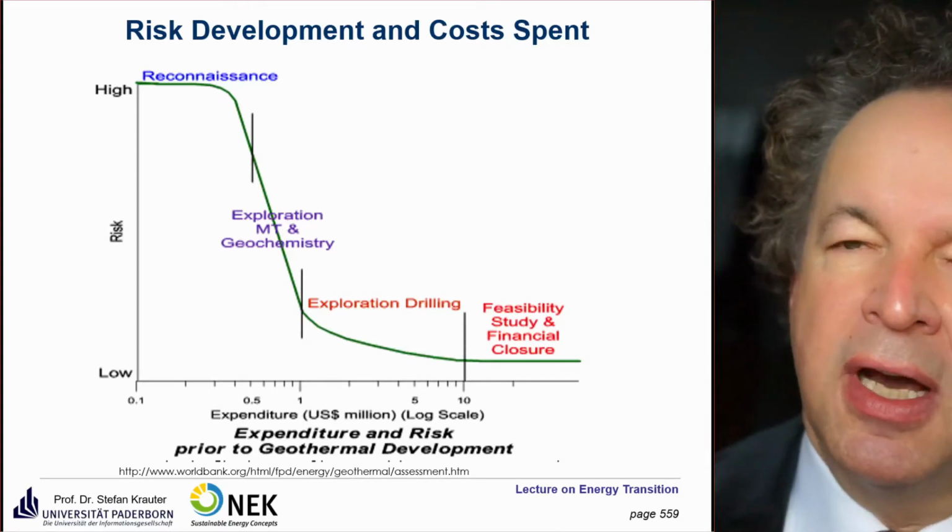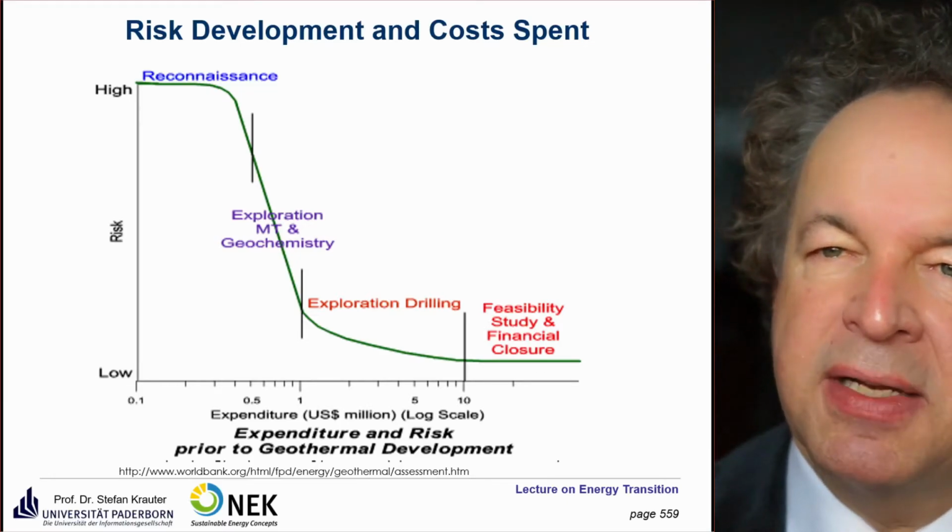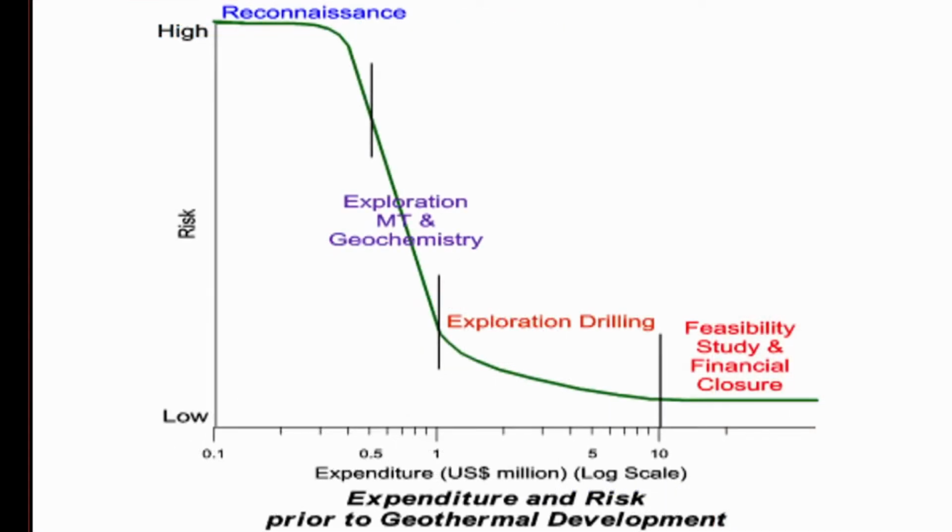Here you see the development of the costs spent. At the beginning, just for reconnaissance, before exploration and geochemistry starts, it is about $1 million. It's a logarithmic scale here, so the next step is already $2 million. Then you have the exploration drilling, and you have already spent $10 million, and only then do you have a really solid business plan.